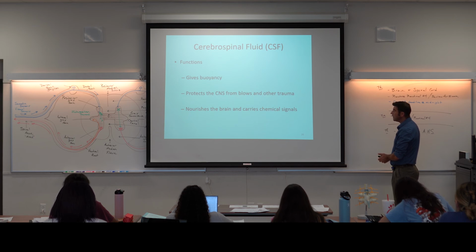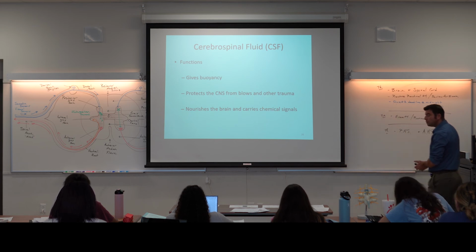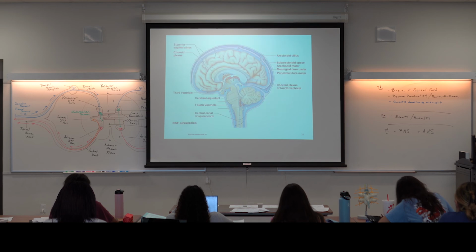It functions to give the brain and spinal cord some buoyancy, like it's floating in a column of water. Think about people rehabbing a damaged ankle or knee joint. They typically put them in a swimming pool where they're not having to deal with all of their own weight, and they can rehab some of those damaged areas.